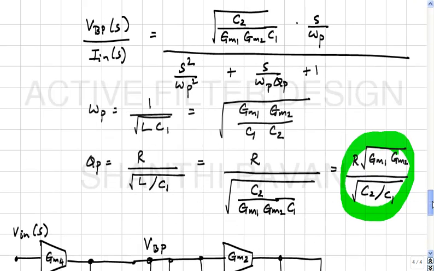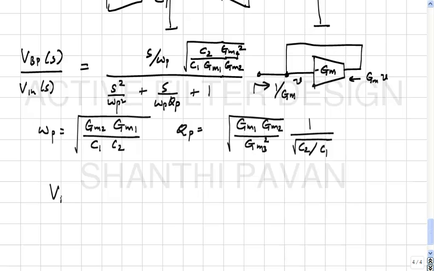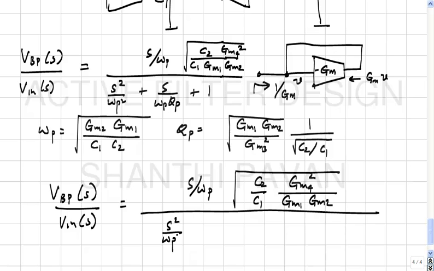But earlier what we had was this I in of S. I in of S is nothing but GM4 into V in of S. So VBP of S by V in of S is nothing but S by omega P square root of C2 by C1 GM4 square divided by GM1 GM2, divided by S square by omega P square plus S by omega P QP plus 1.